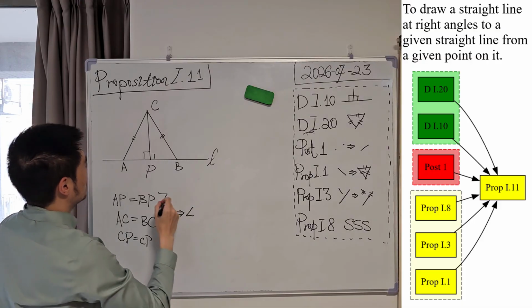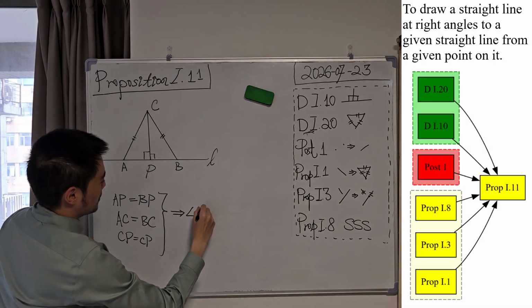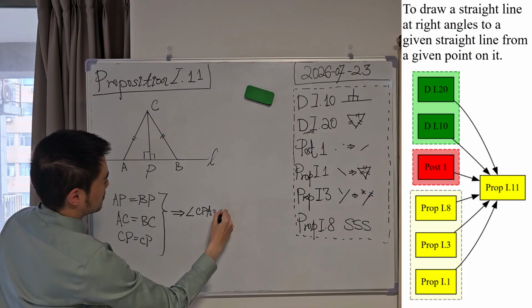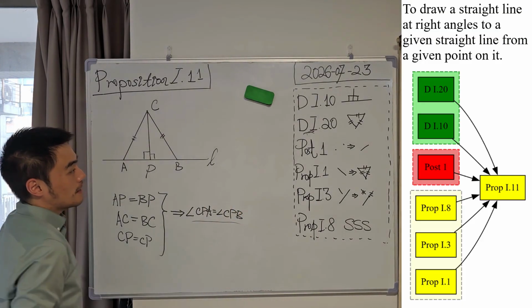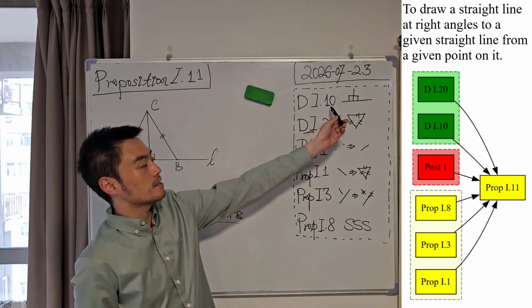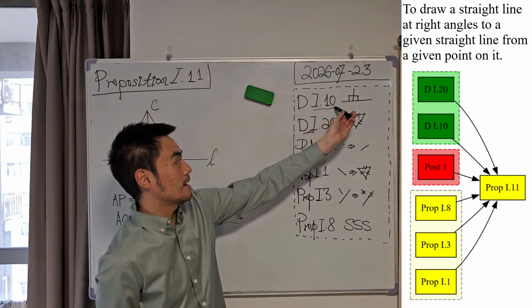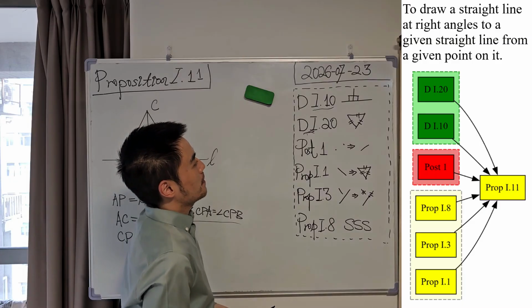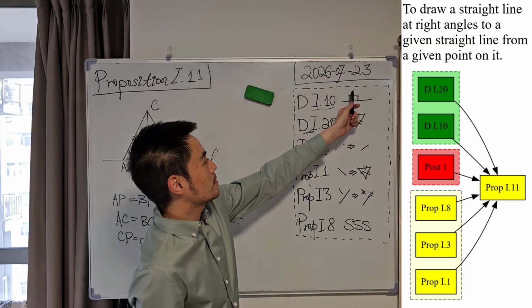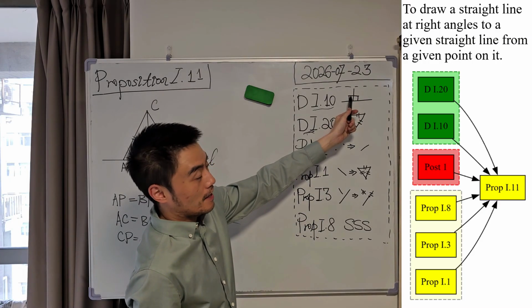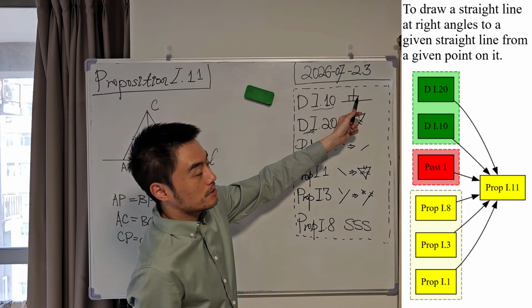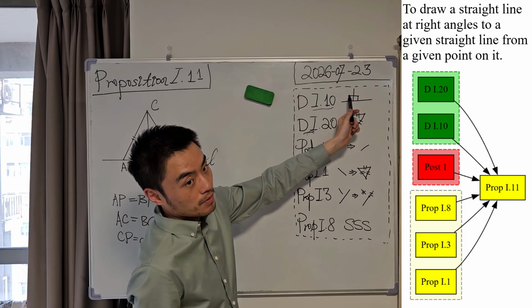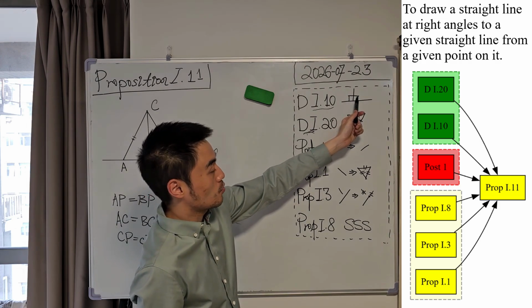We have CPA is equal to CPB. Then please recall what a right angle is in definition 10. If two straight lines meet each other at a point, and if the two adjacent angles, this and this, are equal, then both of them are right angles.